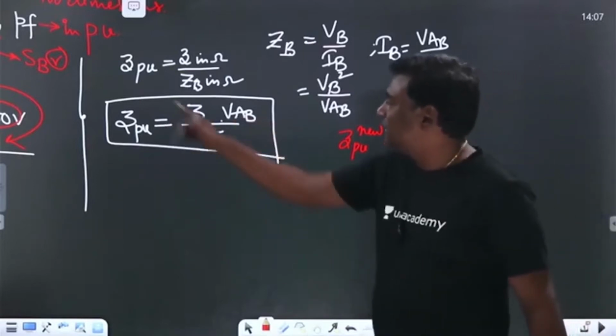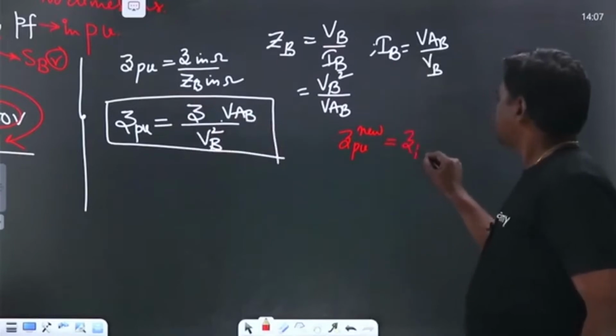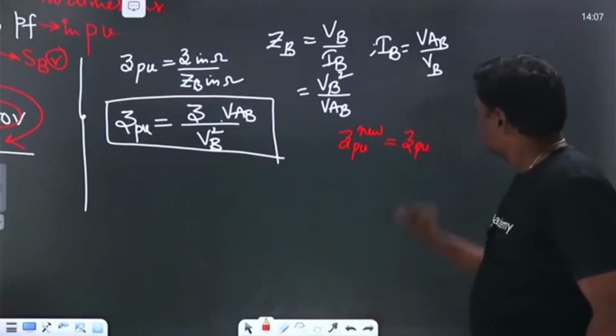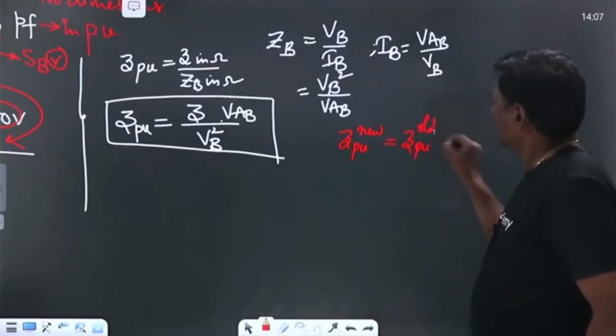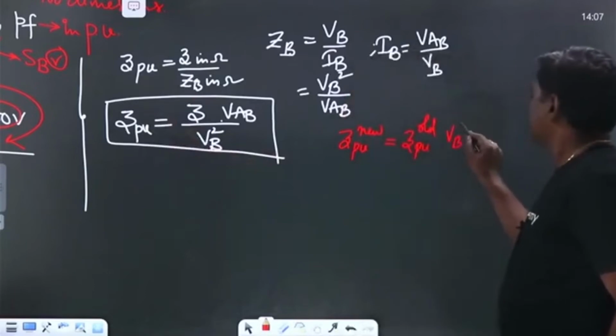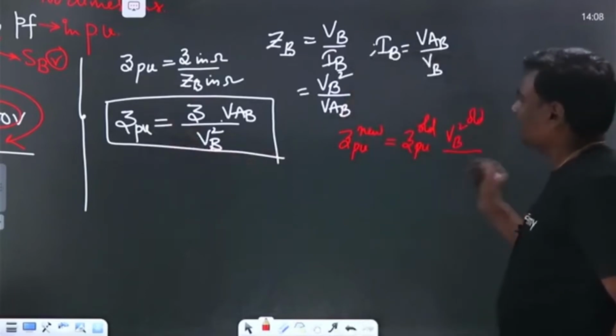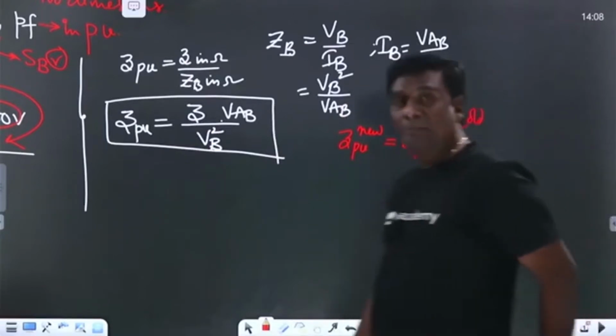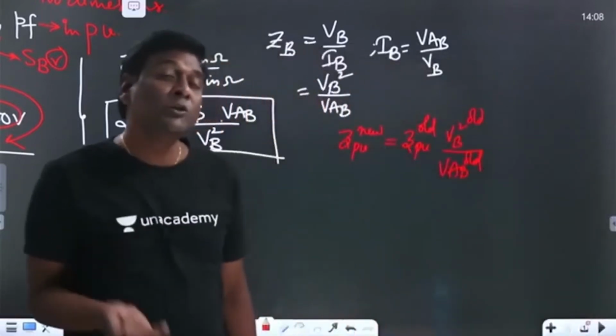Z per unit old into V base old square divided by VA base old will give you that particular Z value in ohms.